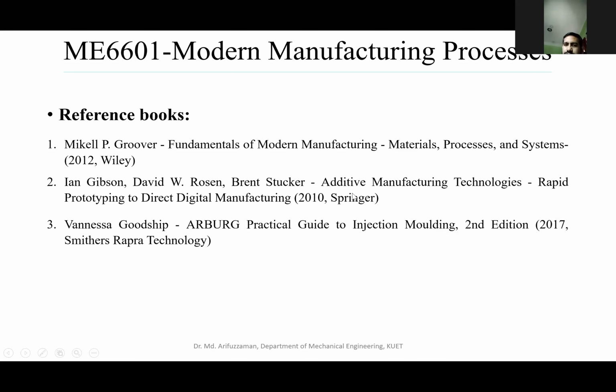And for injection molding, there is a practical guide which gives good insight, so you can also follow that one. But mostly we will follow Groover's Fundamentals of Modern Manufacturing.